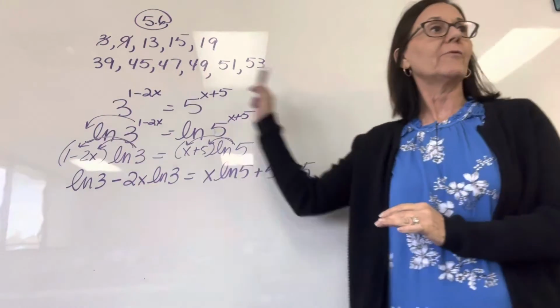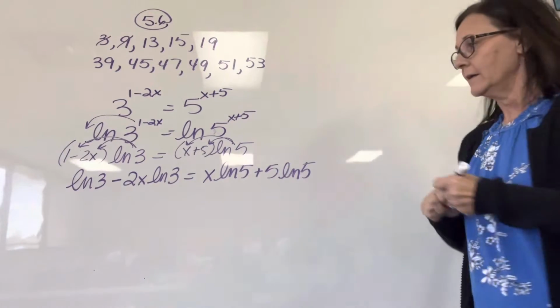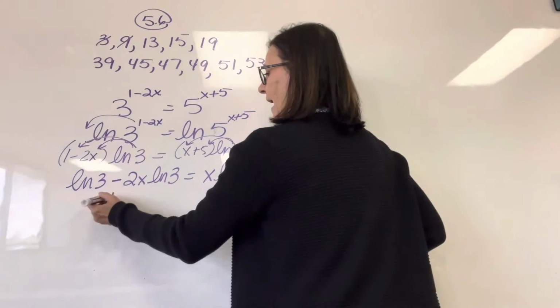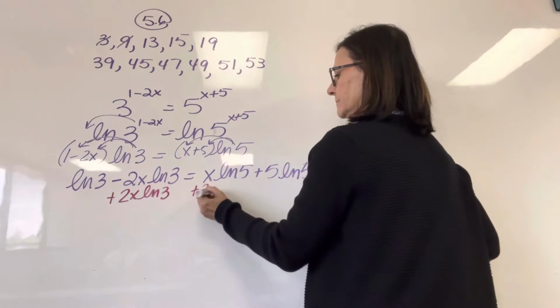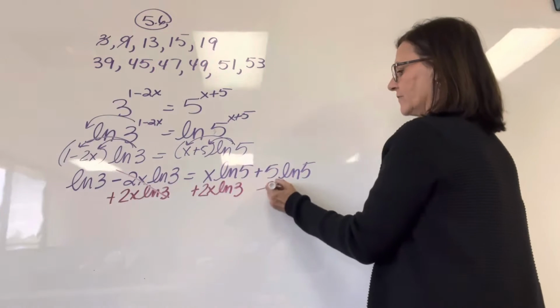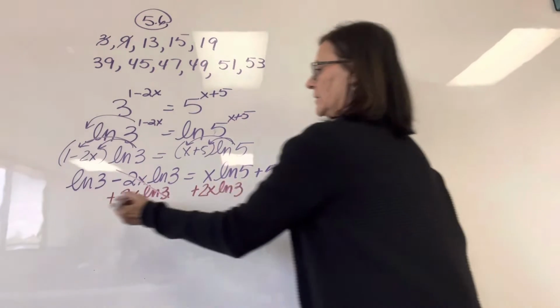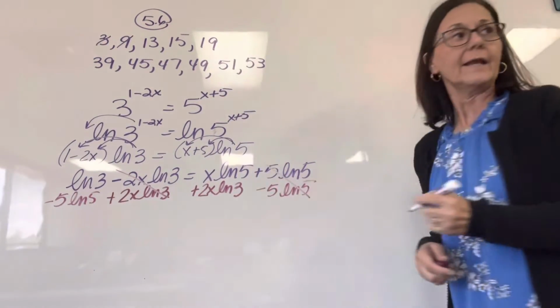I think I want to move to the right. Make this one positive. All right, so I'm going to add 2x ln of 3 on both sides. And I'm going to subtract 5 ln of 5 on both sides. Got it?